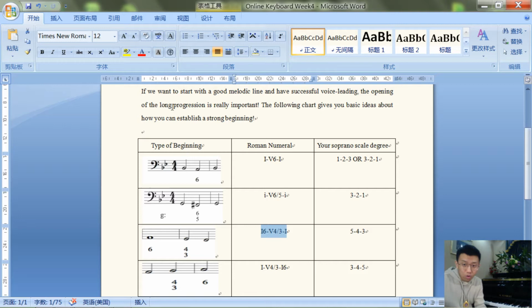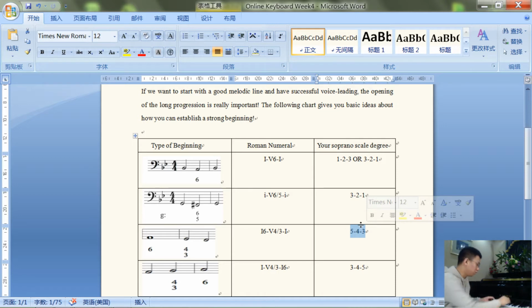And if you use soprano scale degrees 5-4-3 in the soprano, and then we harmonize this, it will be 1-6-5-4-3-2-1.